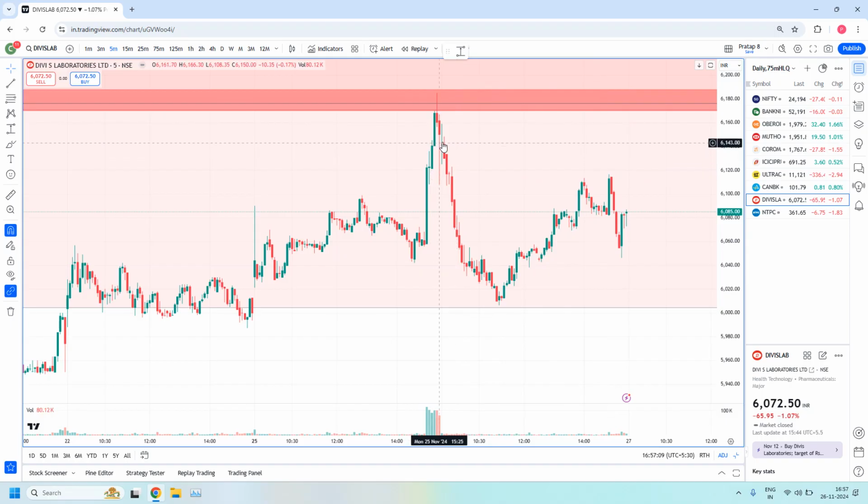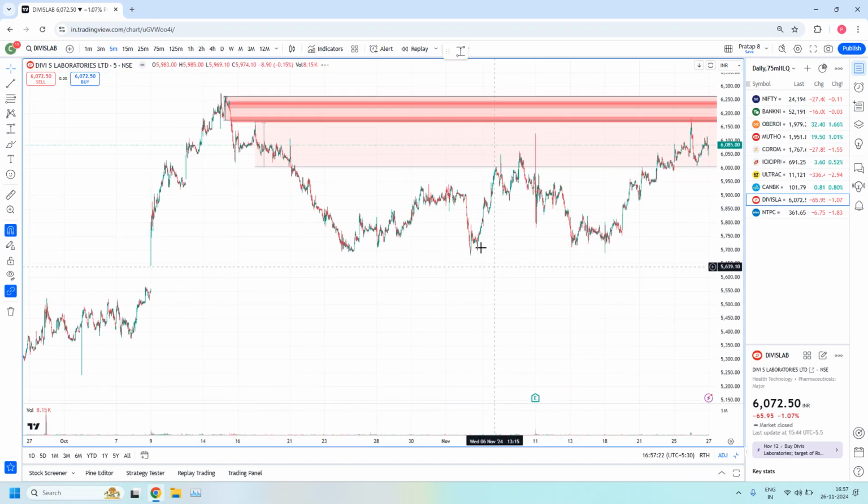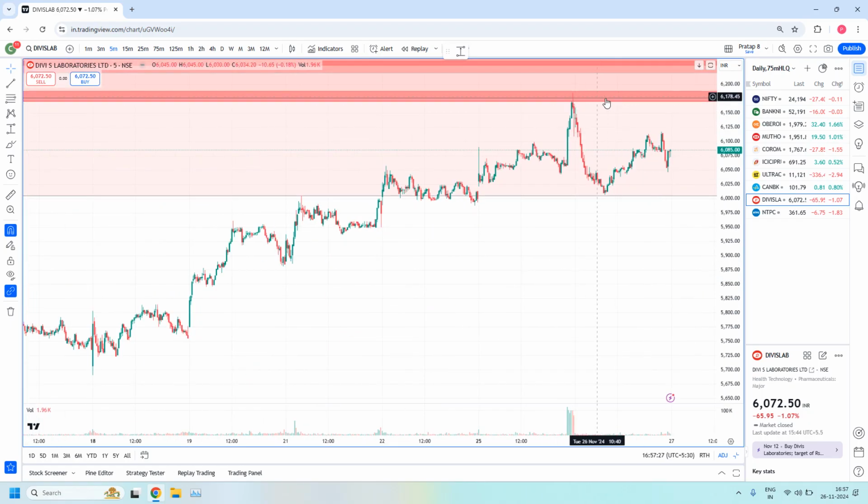But who is preventing the prices from entering into our 75-minute zone? This 5-minute zone, horizon to the daily zone, is preventing the prices from entering into the 75-minute zone. So getting a trade in the 75-minute zone may not be easy until this horizon is violated.